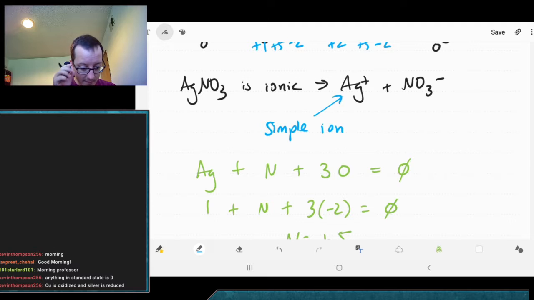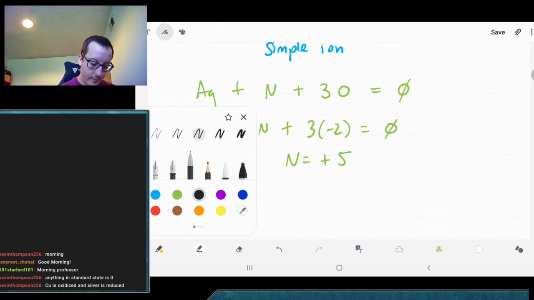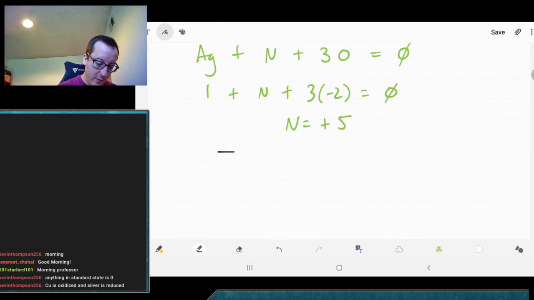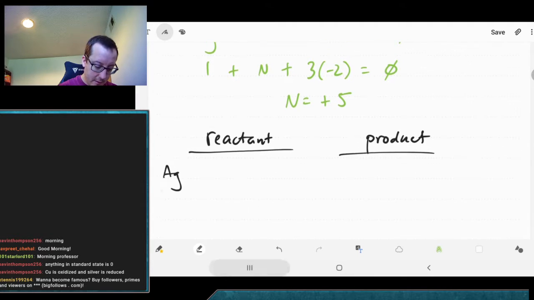So what we can see here is overall what's happening in this reaction. If we have our reactant side and product side, we had these elements: silver, nitrogen, oxygen, and copper.